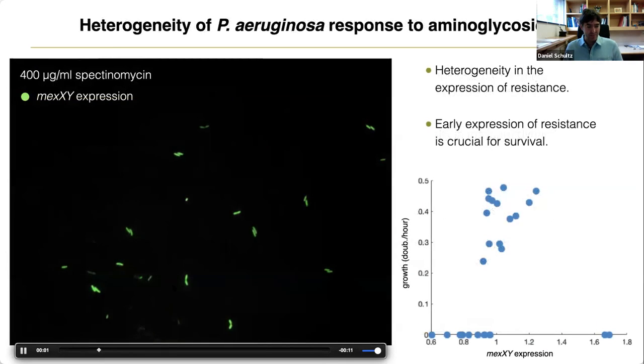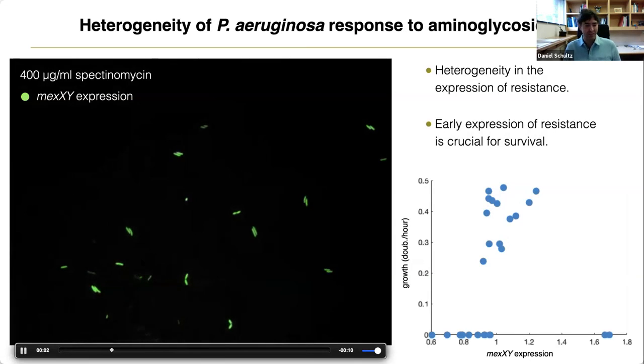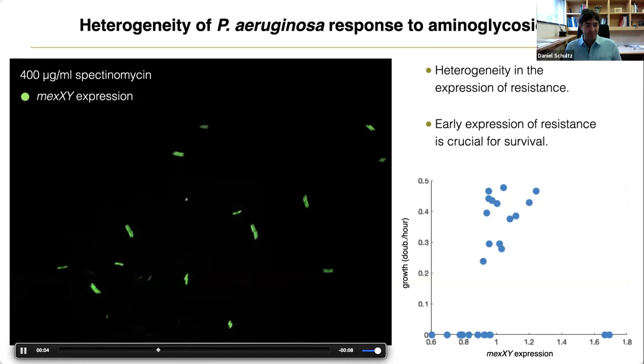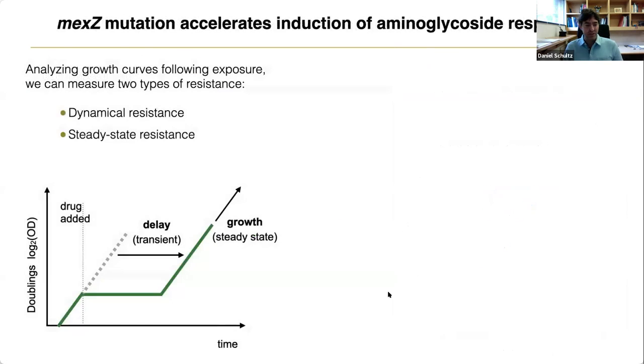So here's a video similar to the first one we saw, where you see a lot of variation both in the expression of resistance and in their ability to survive exposure, right? And so the cells that initially have more expression of resistance are better at surviving.